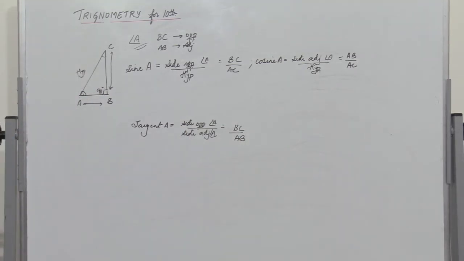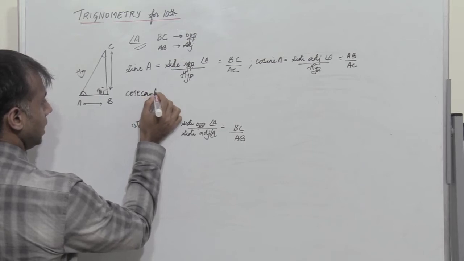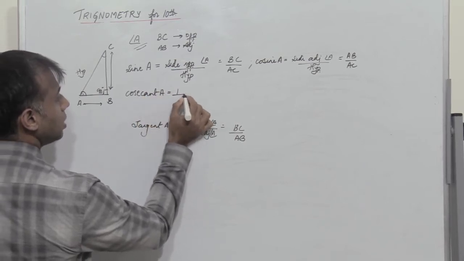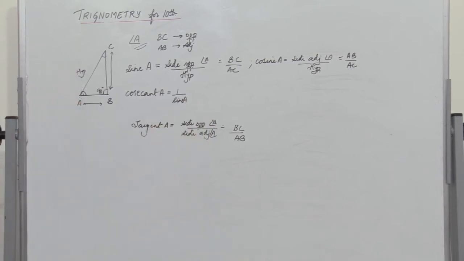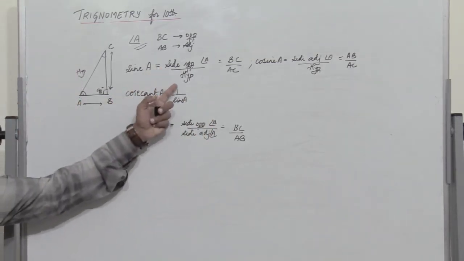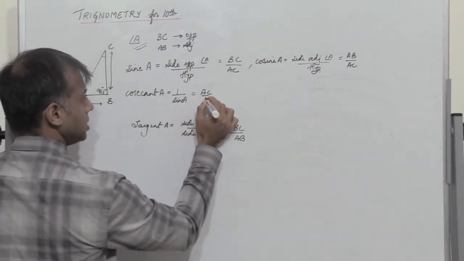Now we also have the inverses of these three. The inverse of sine is cosecant. Cosecant A is nothing but the reciprocal of sine A. So what is the reciprocal of sine A? It is hypotenuse divided by the side opposite to angle A, so I'll directly write it as AC by BC.